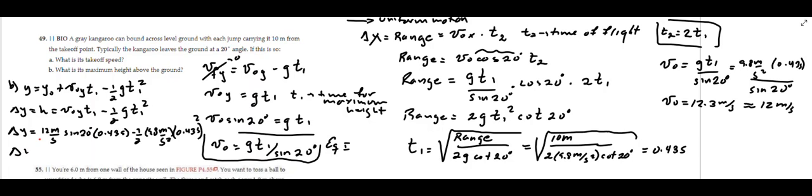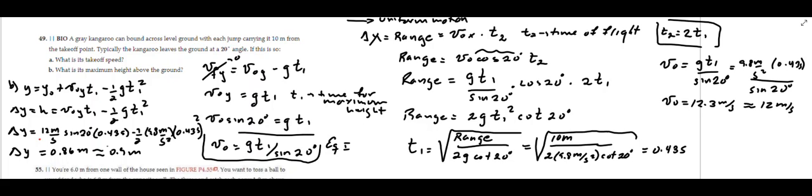So you can find delta y like that, and you will get, in this case, delta y approximately 0.86 meters, or just 0.9 meters. And we have solved the problem.